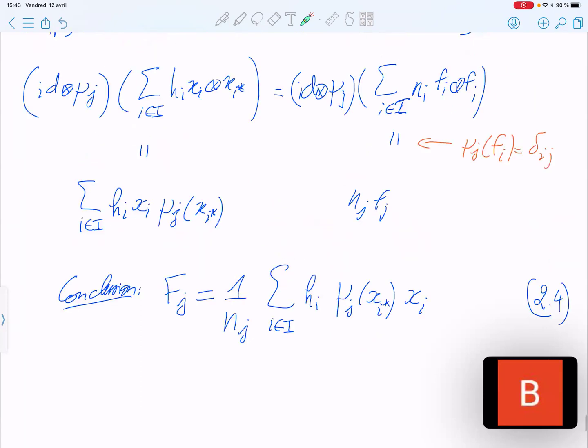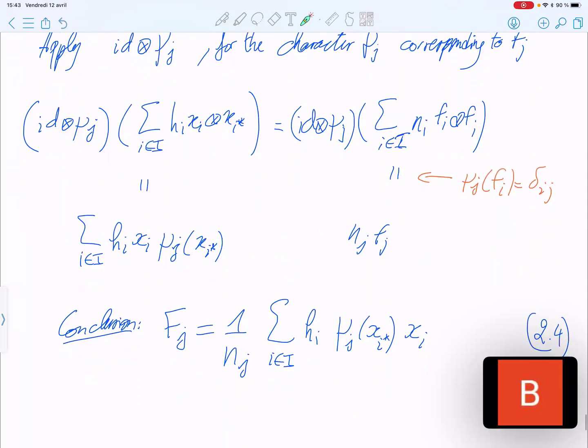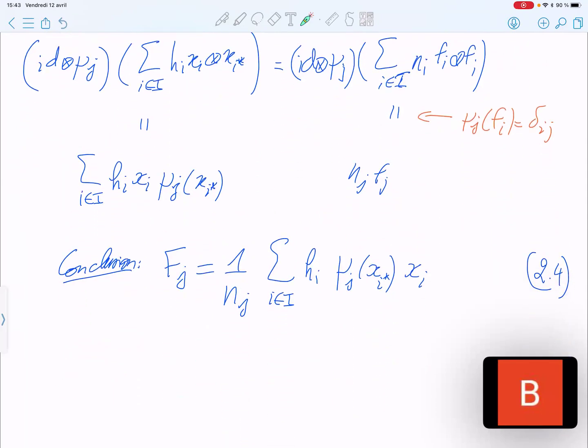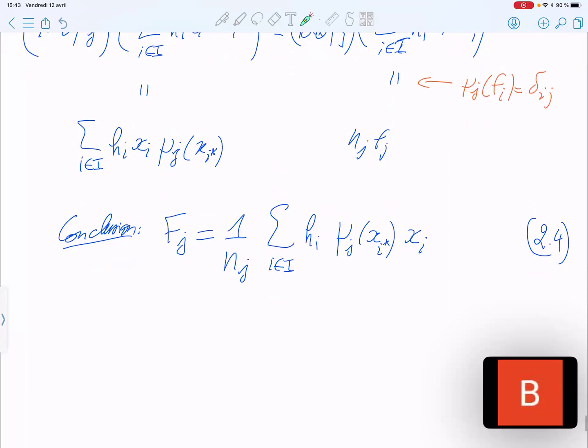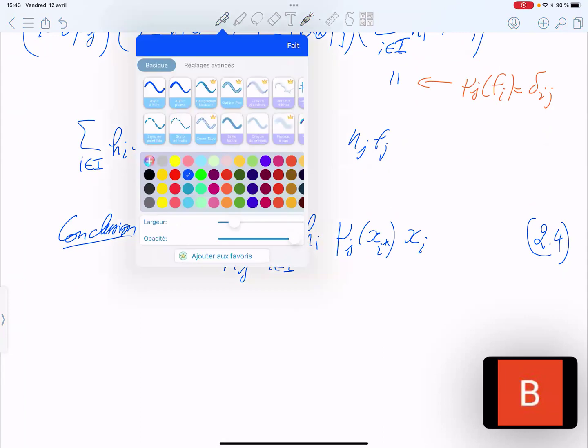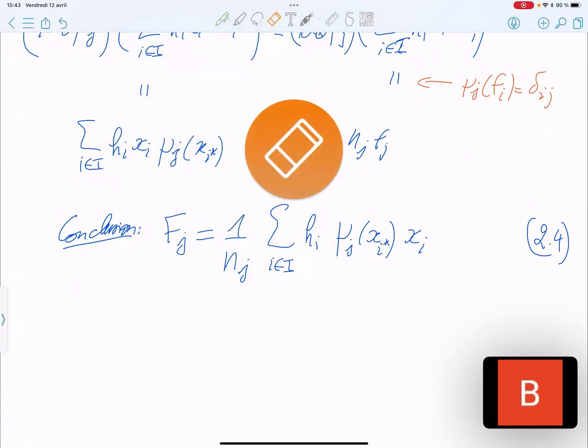Anyway, this is equal to 1 over n_g, sum for i, h_i mu_j xi bar, like that, if you prefer.